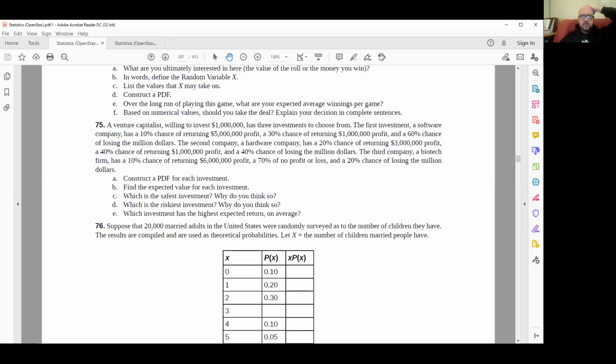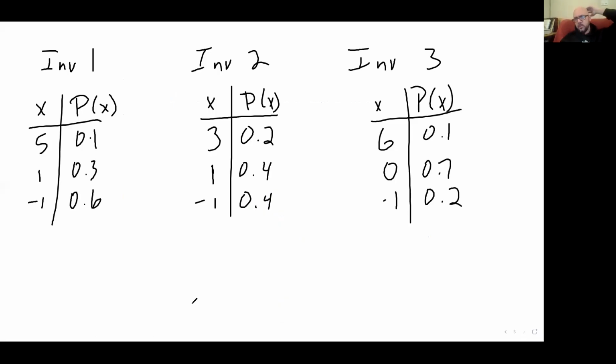Okay. So certainly you could type this all into your calculator and that would work just fine. I'm probably just going to do this in my head. This is going to be 0.5 plus 0.3 is 0.8 minus 0.6 is 0.2. So mu of x equals 0.2. In other words, on average, it's plus $200,000.